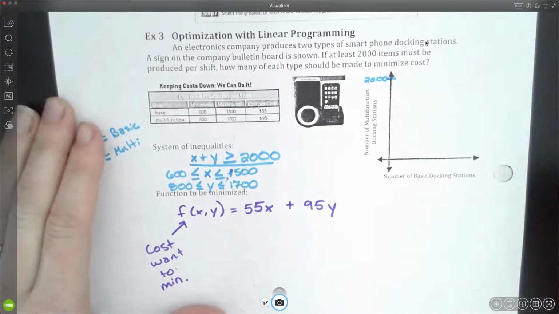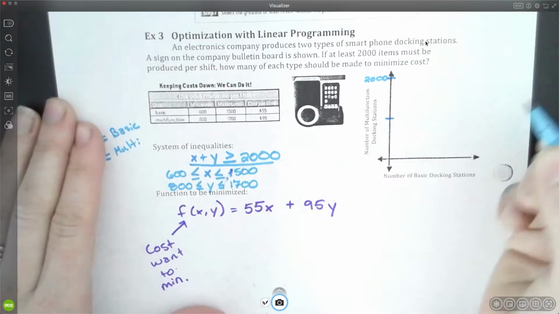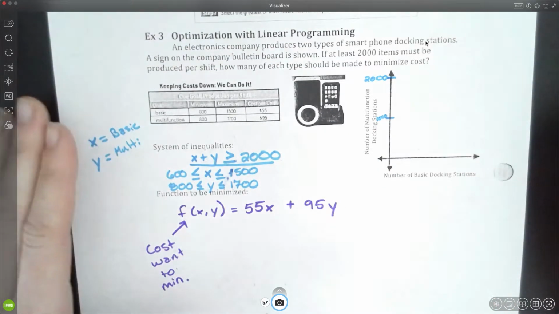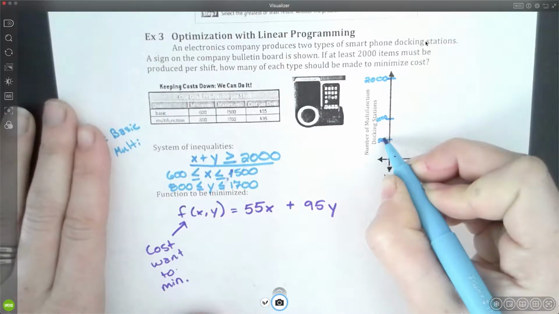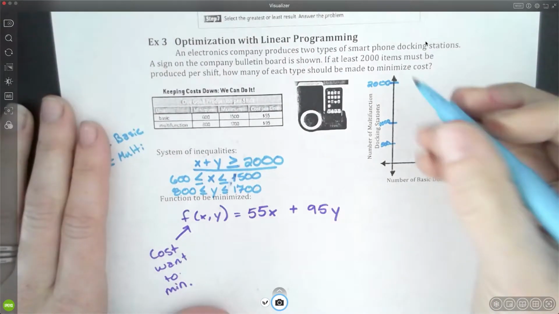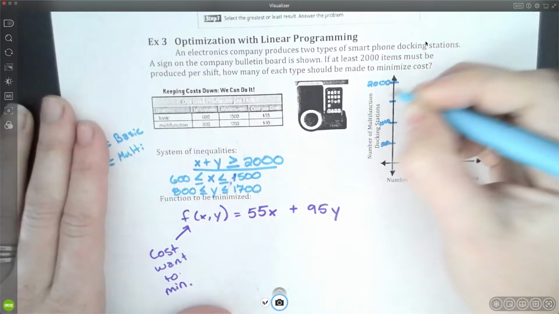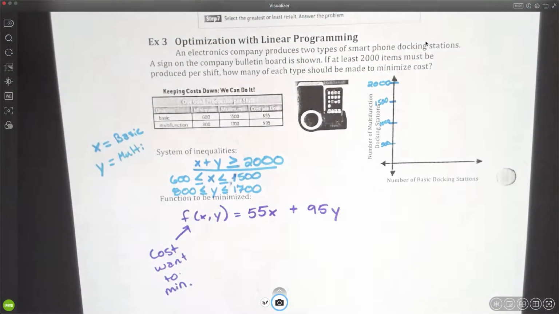I can't see my lines very well, so I'm just doing it this way. 1,000, so split in half right here is 1,000. Then split that in half again. 500 is going to go here. Then here is going to be 1,500.